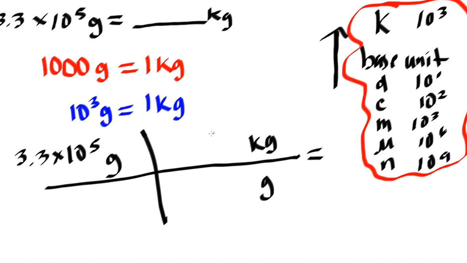So 1 goes next to the larger one, and then kilo is 1,000, so we say 1,000, right? So we do this number times 1,000. Now here's where I think technically it's probably easier to use scientific notation. So that's what we're going to use. I'm going to erase this, give us a little scientific notation practice.